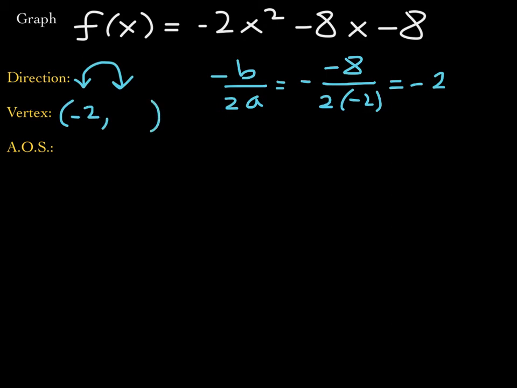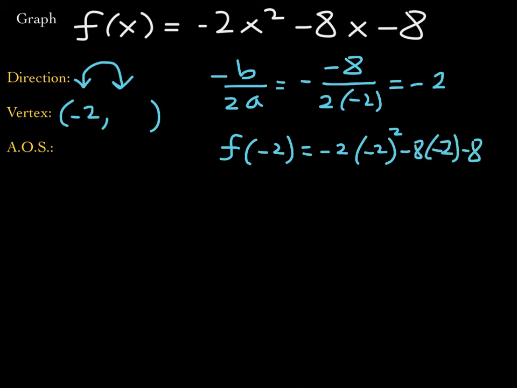In order to figure out the second coordinate of my vertex, I'll plug negative 2 into my function. Man, you just have to be very careful with all these signs here. There are so many negatives. Okay, barely fit it. All right, so this is negative 2 times positive 4 plus 16 minus 8. So this is negative 8 plus 8, so this is 0.